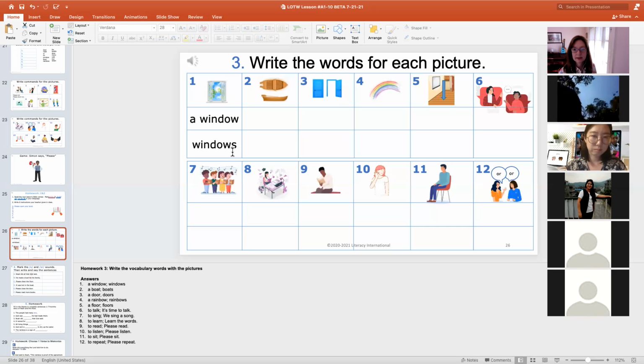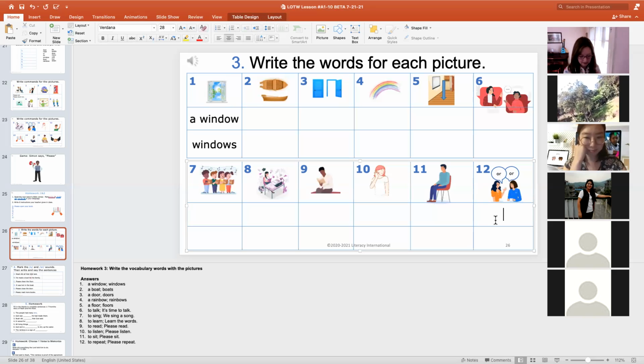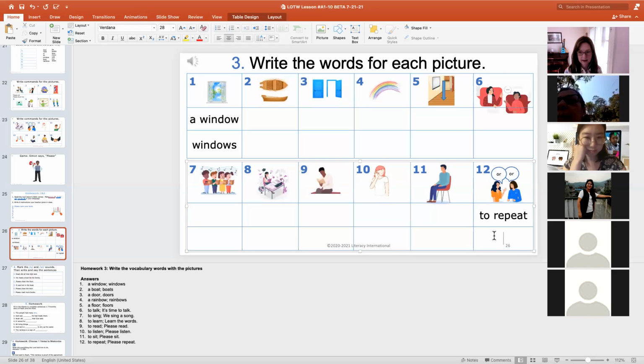And for verbs, they write it in the infinitive, like number 12 is to repeat. And then they can write a sentence. We repeat the word.